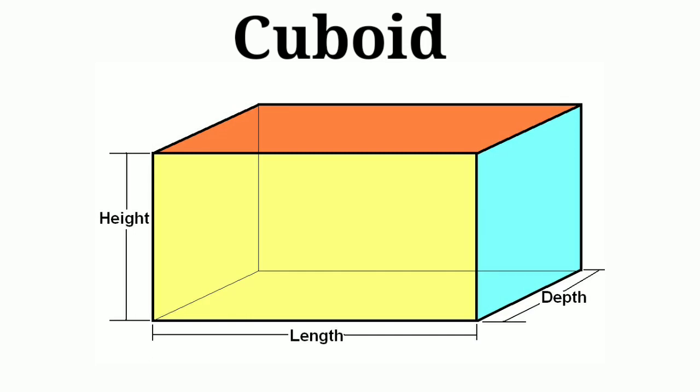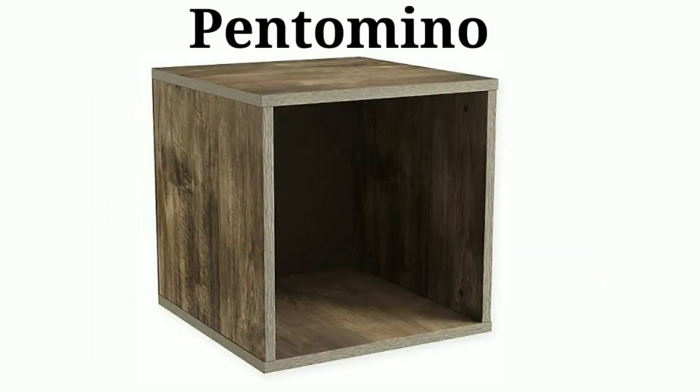An object, all the surfaces of which are rectangular in shape, is called a cuboid. An open box formed by placing together 5 squares of the same size with their sides joined is called a pentomino.